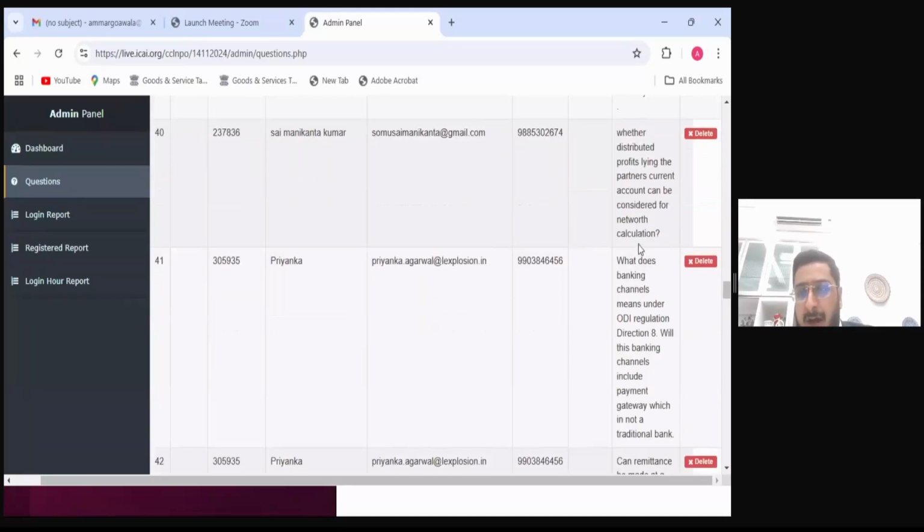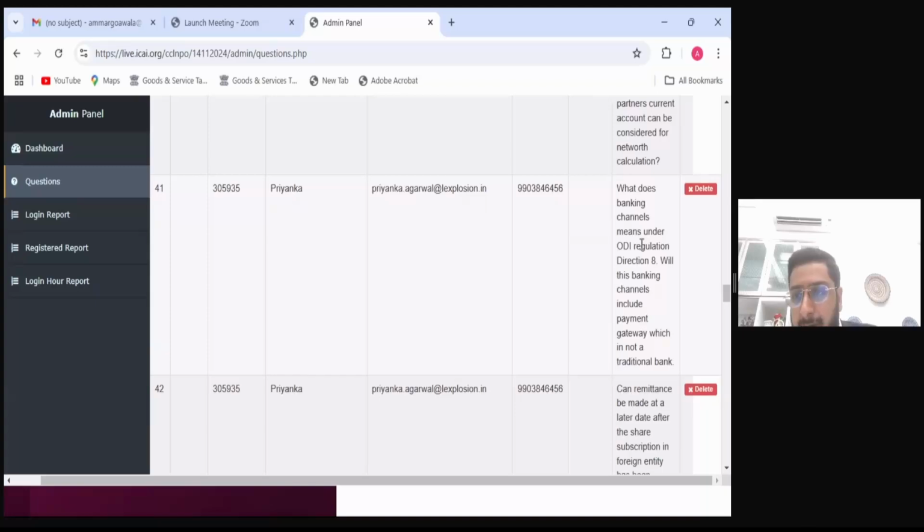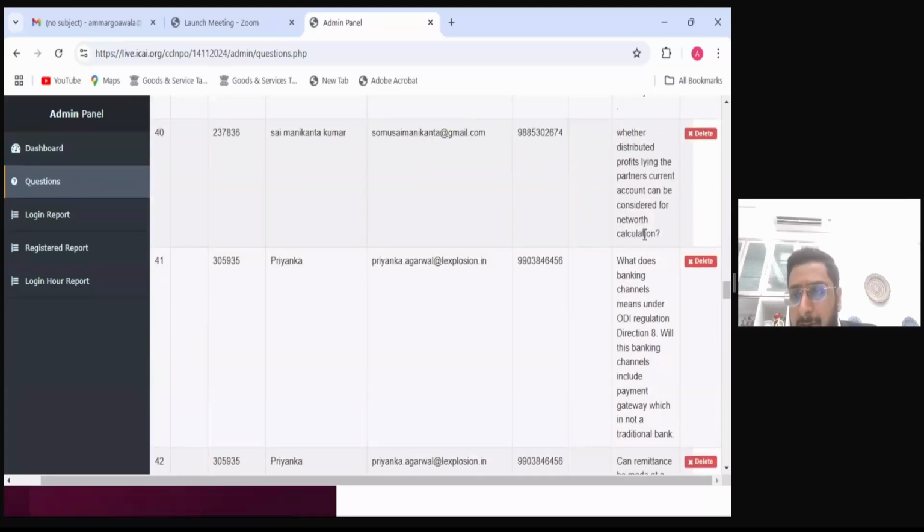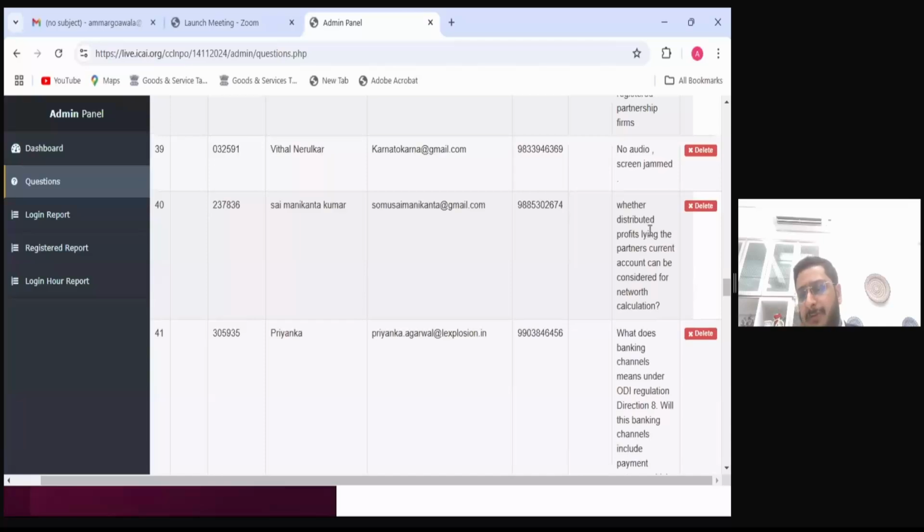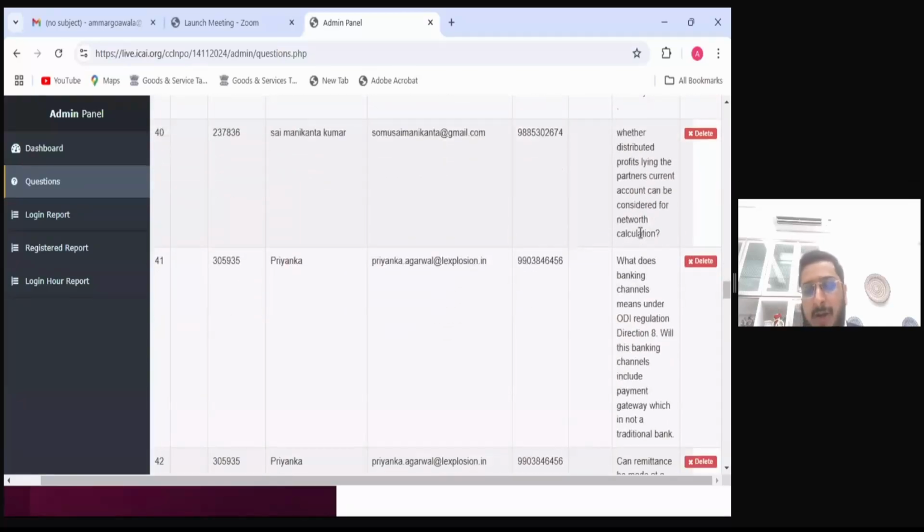Yes. Distributed profit, no. When you're distributing the profit you'll be debiting your capital account, so that will go out.